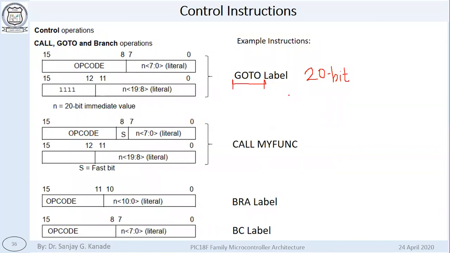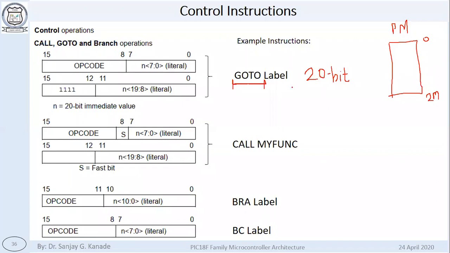Okay, so what it means is, if we use the goto instruction, we can jump to any location in the program memory space. If this is the program memory, it starts from 0 to how much? To M. We have 0 to 2M possible locations.